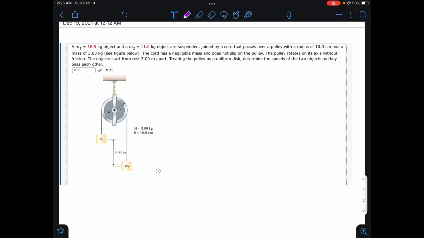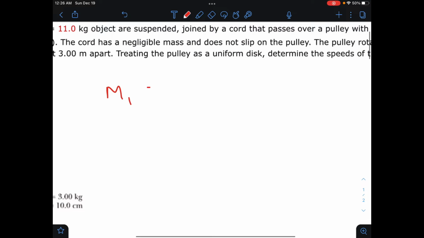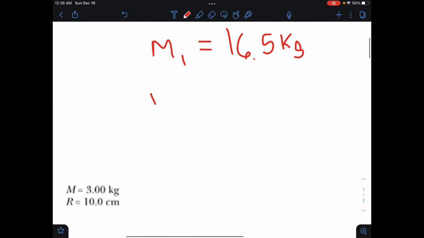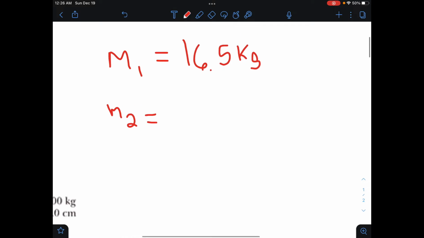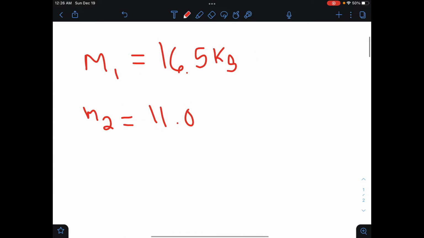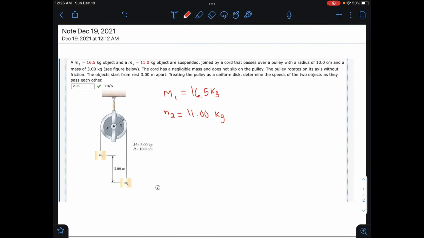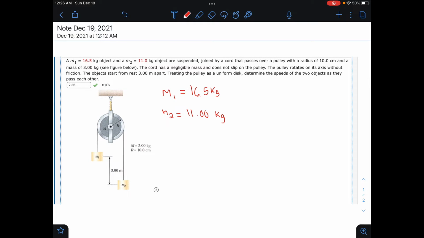Okay. M1 is equal to 16.5, M2 is equal to 11. Okay, so this was the rotational unit, so obviously we're going to have to look at rotational things.